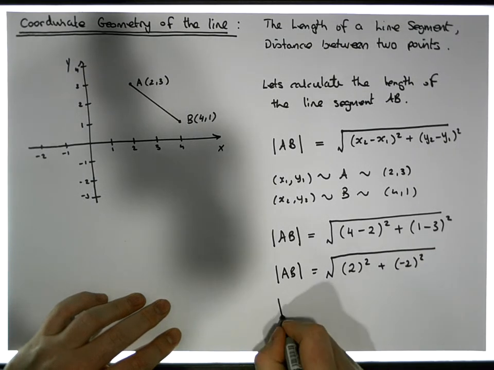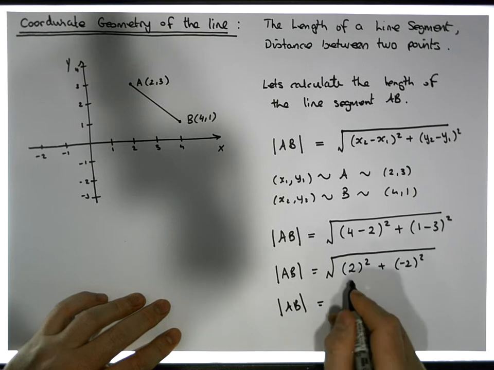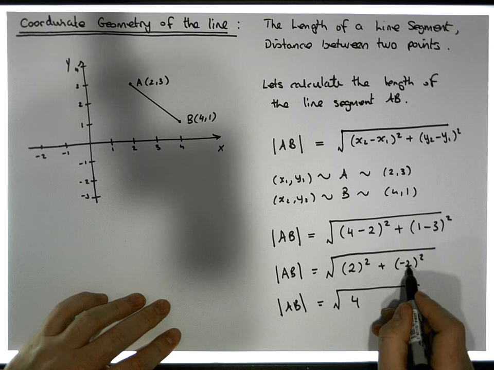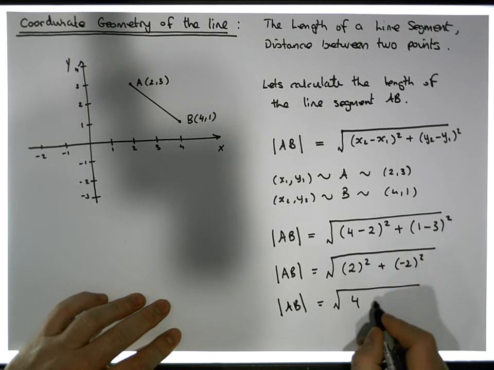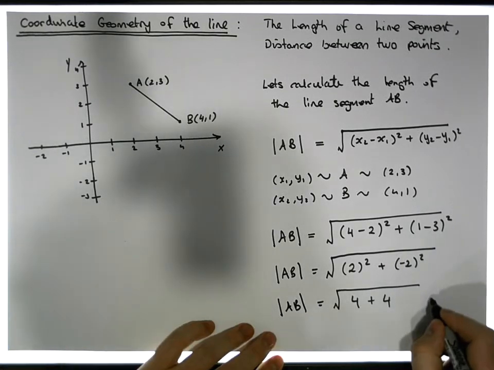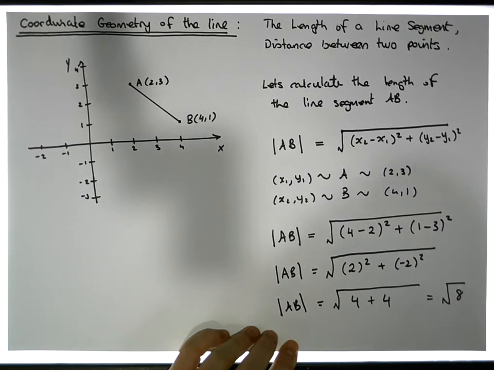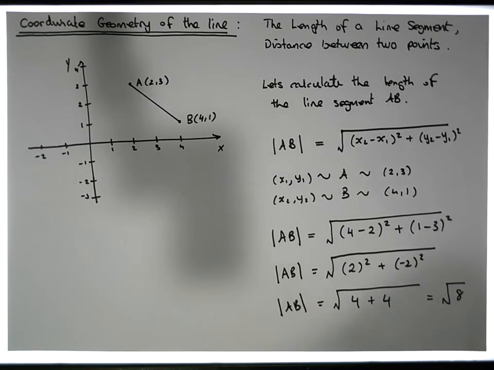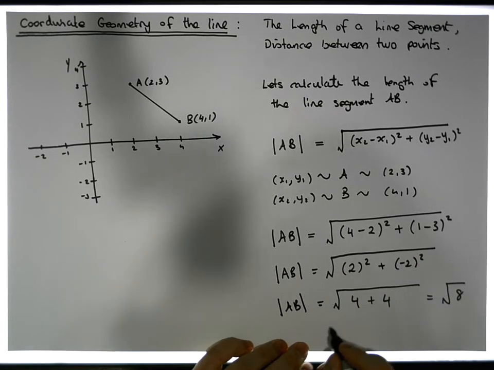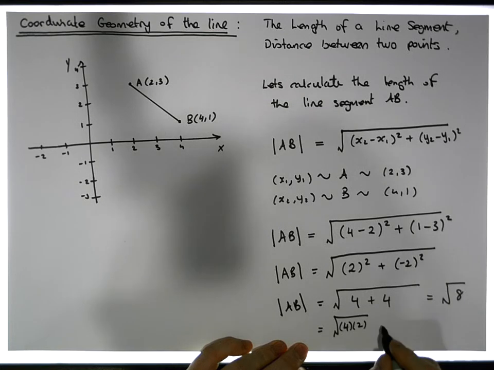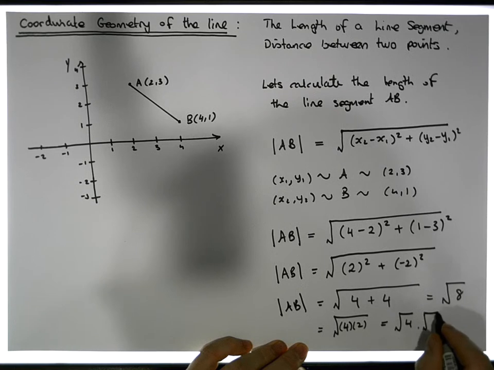So the length of AB is equal to 2 squared, which is 4, plus minus 2 squared: minus times minus is plus, 2 times 2 is 4, so another plus 4. This gives us the square root of 8. The square root of 8 is the same as the square root of 4 times 2, which is the square root of 4 times the square root of 2.